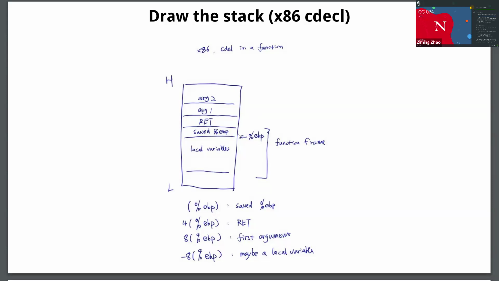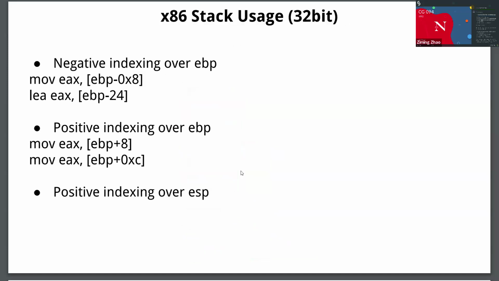So EBP plus 4 is the return address, EBP plus 8 is the first argument. Then what is at EBP minus something? That's the local variables. So local variables are at EBP minus something.